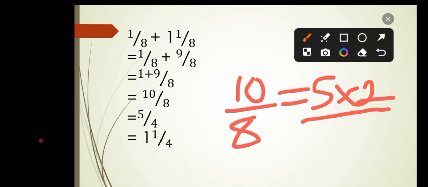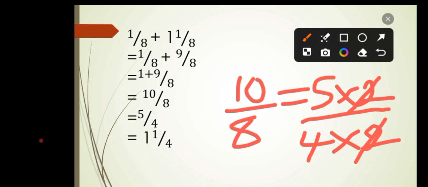These are the factors of 10. 8 is 4 times 2. What are the common factors between 10 and 8? The common factor is 2, so we cancel it out. So what do we have now? We have 5/4.